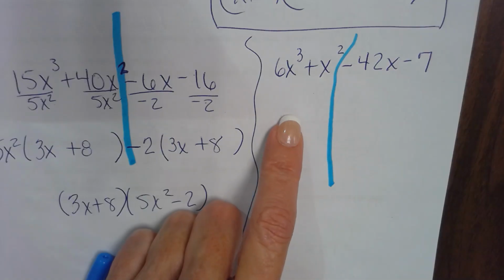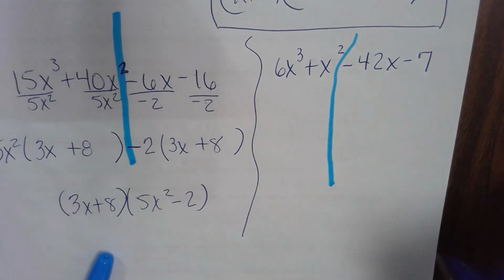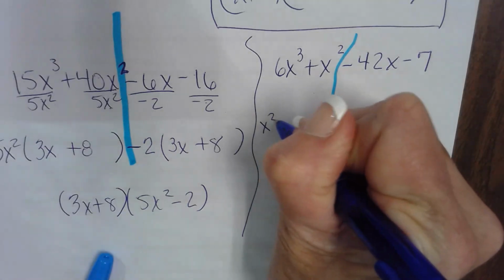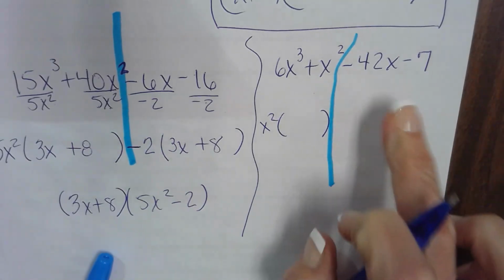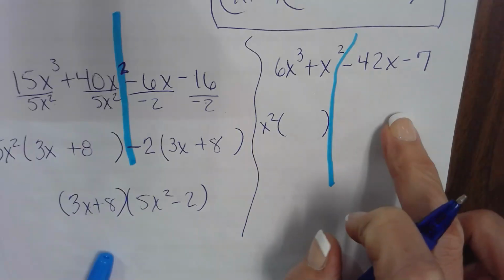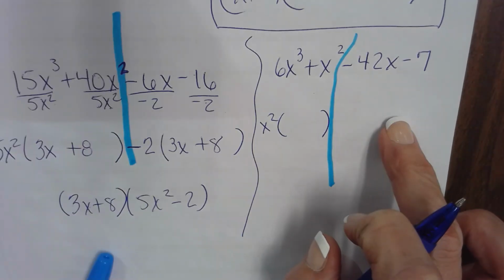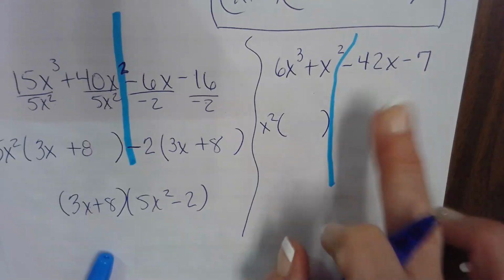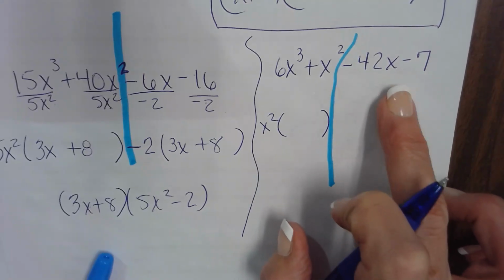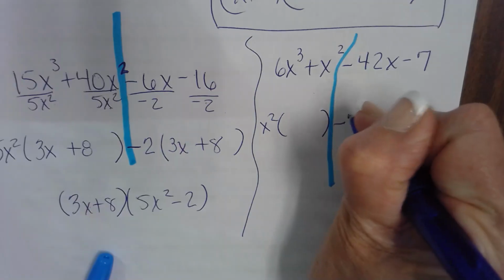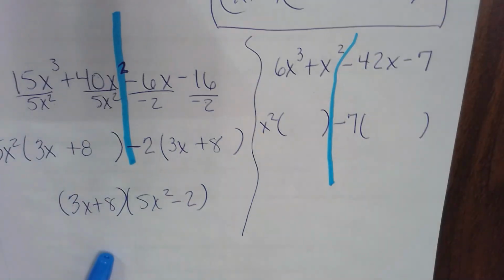Okay, so you should have pulled an x squared out from this one. What's my greatest common factor here? What's my greatest common factor for these guys? And go ahead and pull that minus out. So there you go. Got you started.